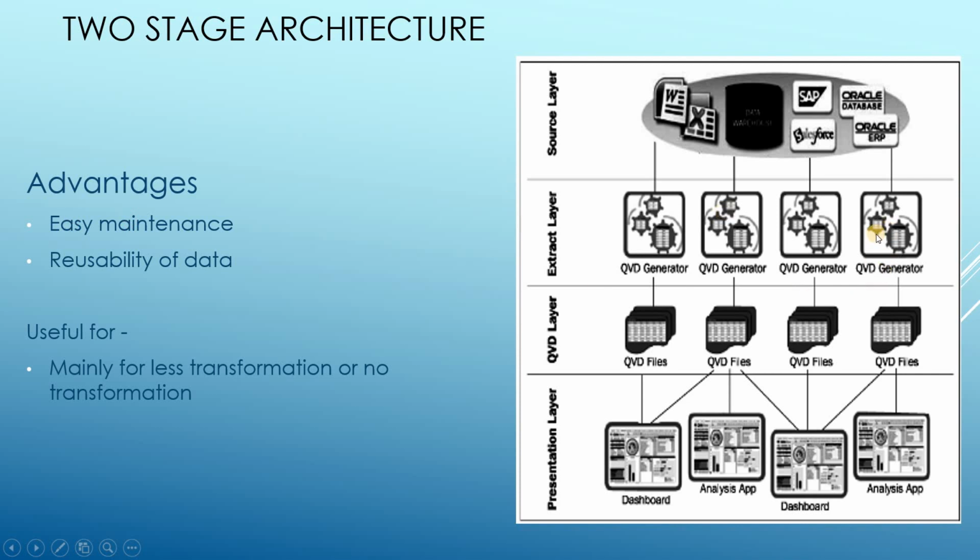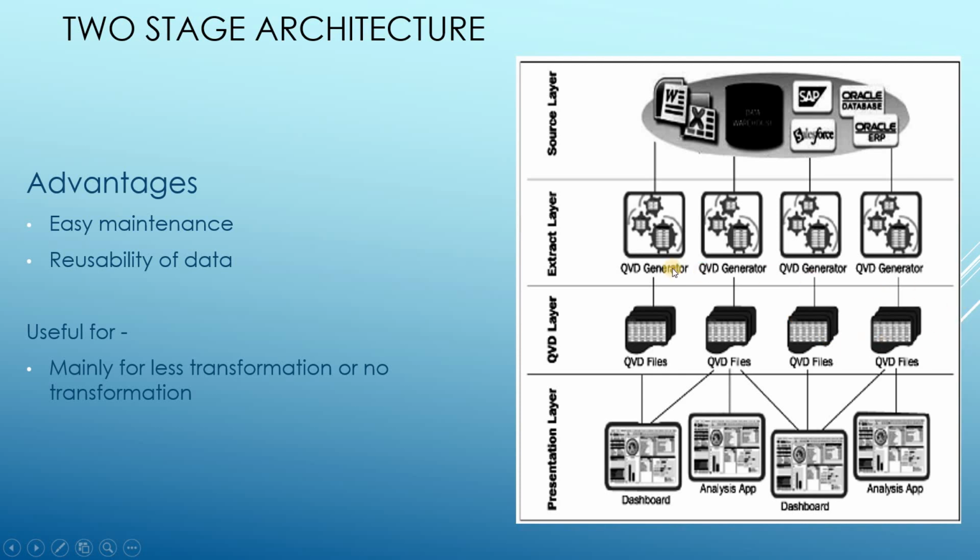Second, it will be a fast response, rather than doing all your expressions or all your transformations at the presentation layer. Third point is, when you are doing these transformations, it is possible that you might need some filters, or you might need to change some business rules, so that unnecessary data extraction or pulling from the source will be avoided.